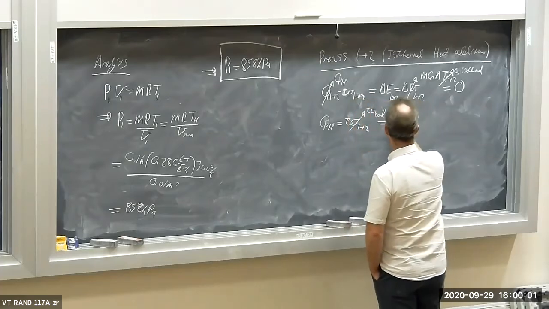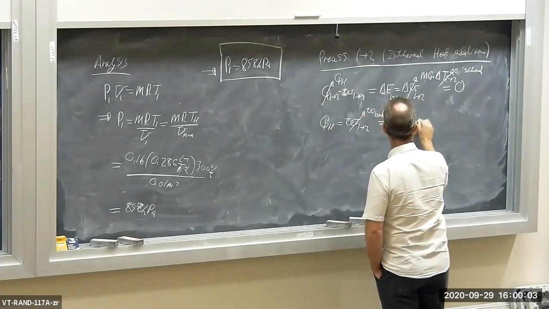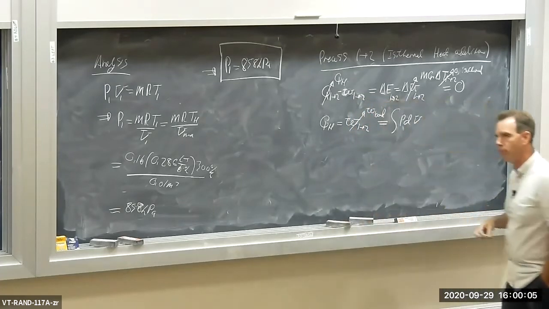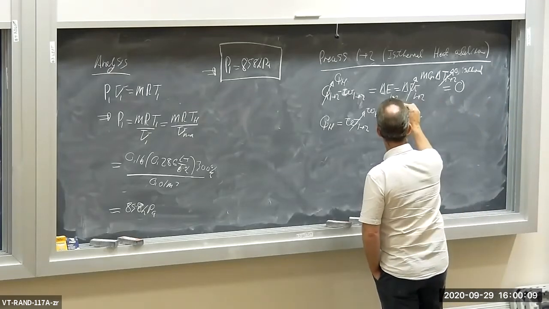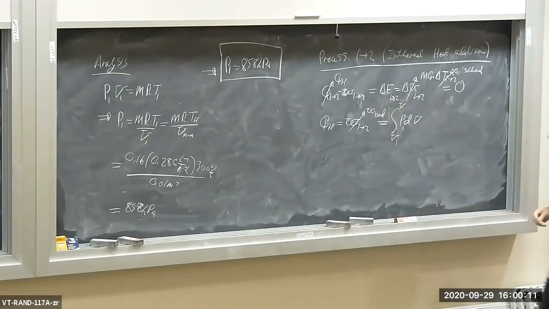So that's going to be equal to the integral of PdV from V1 to V2. Now, it may not look promising at the moment. This is an isothermal process. It's not an isobaric process. It's not an isochoric process.